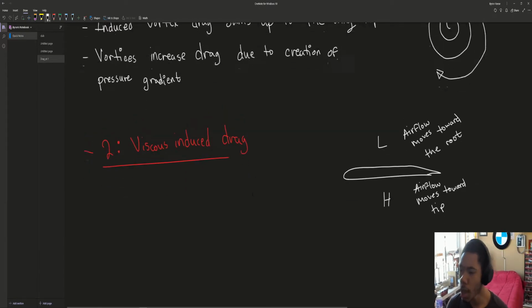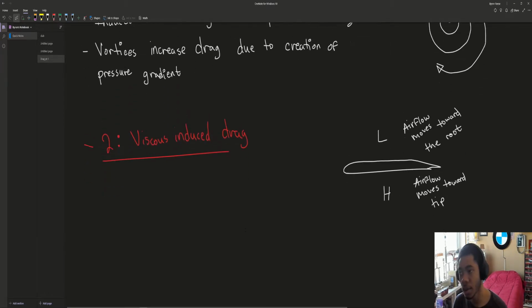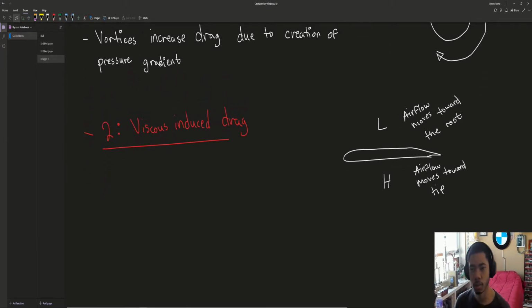Okay. And because it now has that horizontal component of velocity, you now get skin friction drag in the horizontal component instead of in the component that's only parallel with that of the free flow.